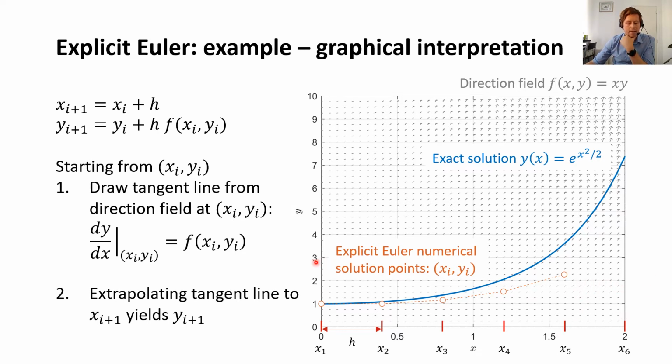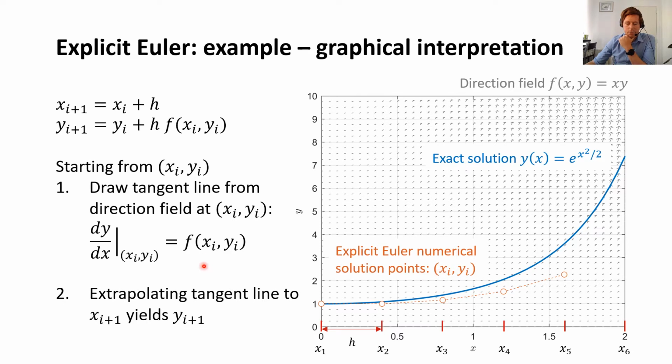Now note that by evaluating this f at point x_i, y_i, we're not really taking the tangent line to the exact solution, because that would be evaluating at the exact point on this exact curve, which is obviously not known, because if we would have known it beforehand in a practical problem, then it doesn't really make sense to solve it numerically.